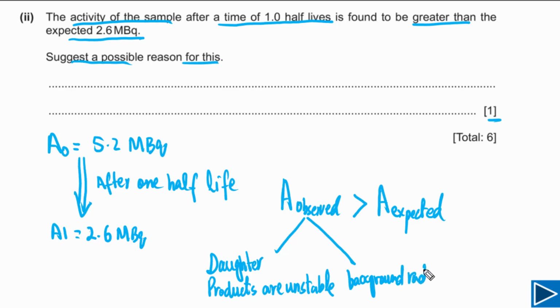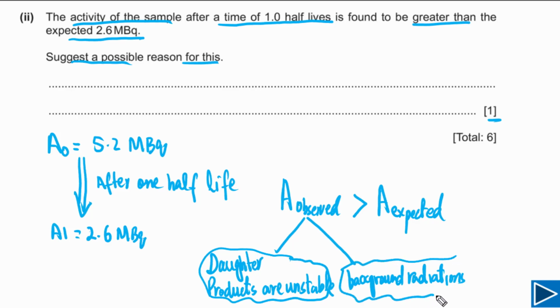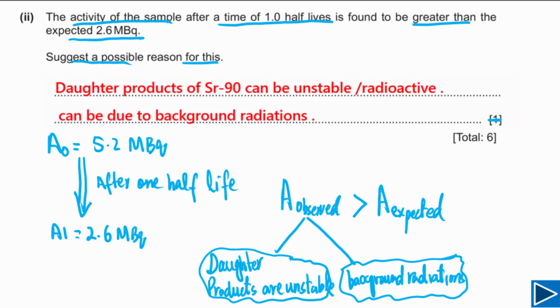So that's the reason the observed activity is greater than the expected one. So these are 2 possible reasons. You can write any one of them and you will get 1 mark. I hope it is clear. So let me show you how to write down the answer. There are 2 points, and you can mention one of them. You can say the daughter products of the nucleus are unstable, or you can say it's due to background radiation.